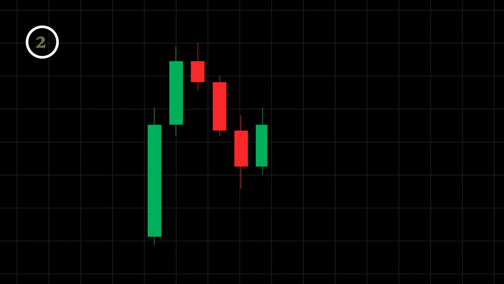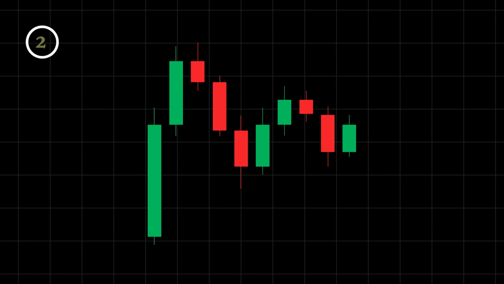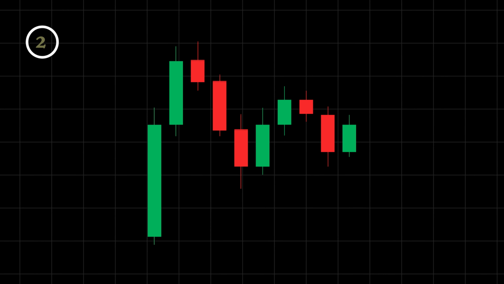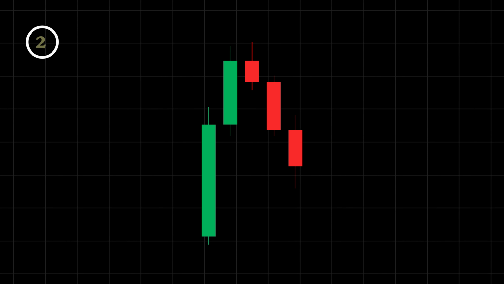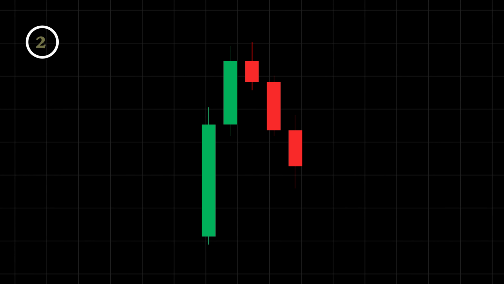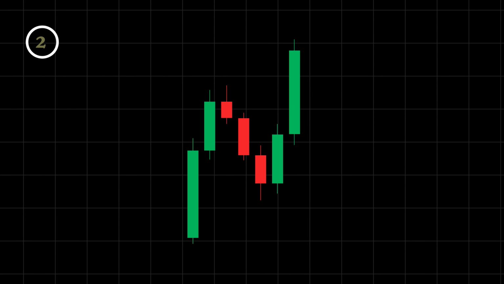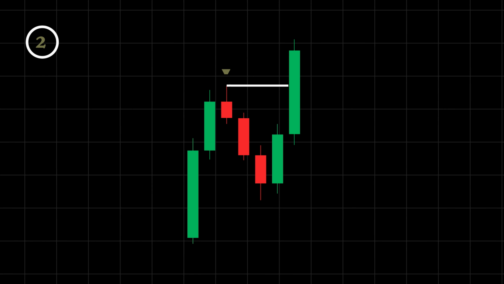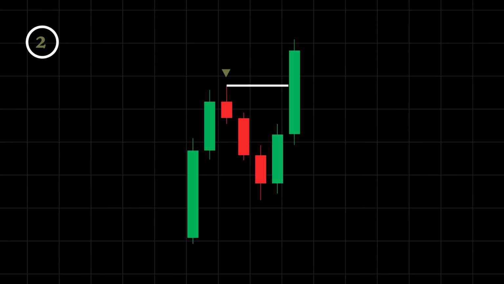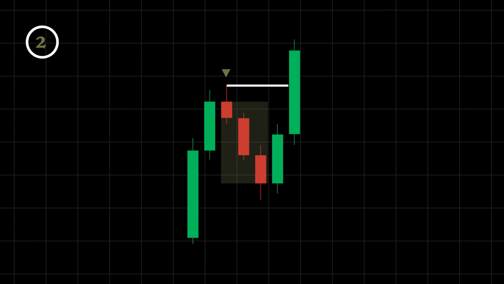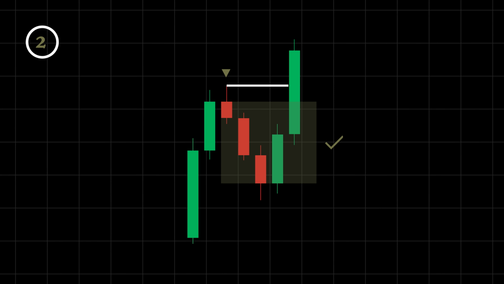For instance, price could have simply consolidated, meaning the bearish candles wouldn't qualify as an order block. The reason is that for these candles to meet the criteria of a bullish order block, we need to witness a strong bullish move that breaks above the highest wick in the formation, which in this case is the first candle's top wick. Only once that clear break of structure happens can we confirm that these bearish candles have indeed formed a valid bullish order block.